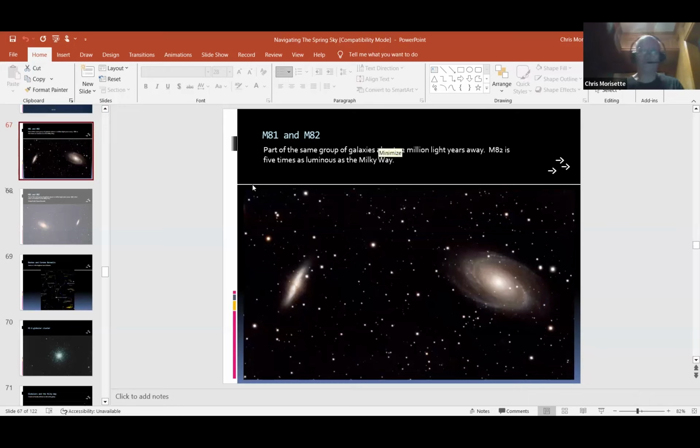This picture of M81 and M82 is what I actually took with a 2-inch telescope, very small, almost like a glorified telephoto lens. That's what I'm talking about with EAA: using a telescope with a camera and some software.